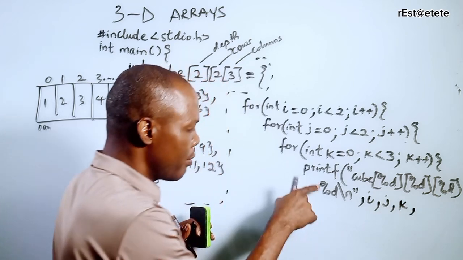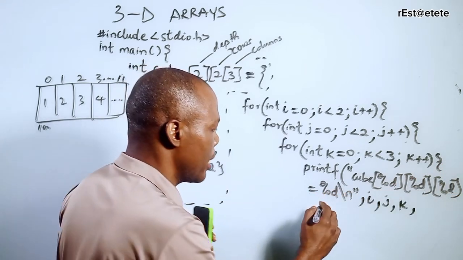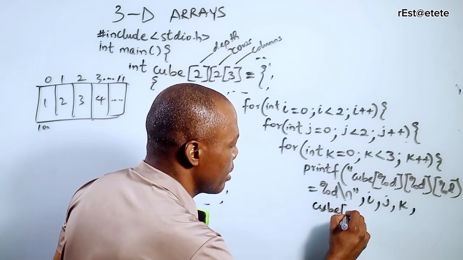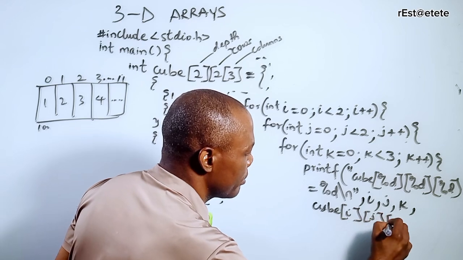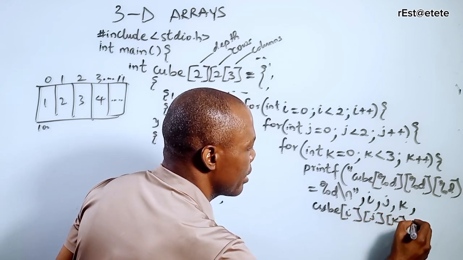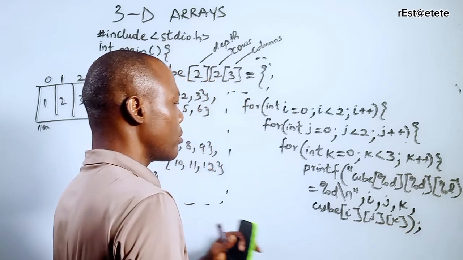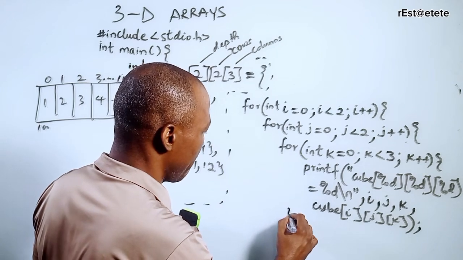Then comma. For this last %d, we'll supply cube[i][j][k]. So we'll close this and then terminate our printf function. For this for loop, we'll end it here.